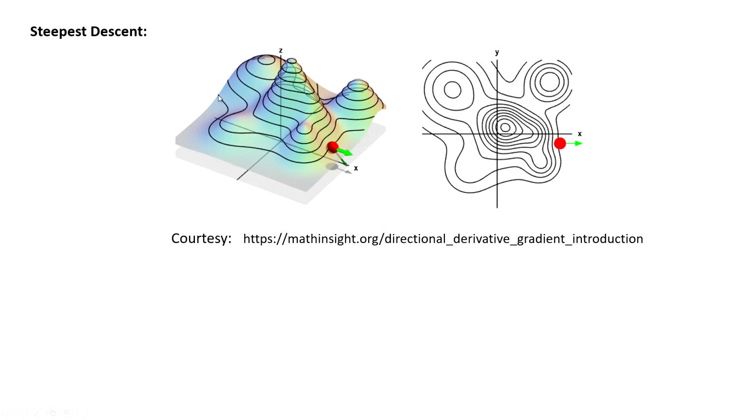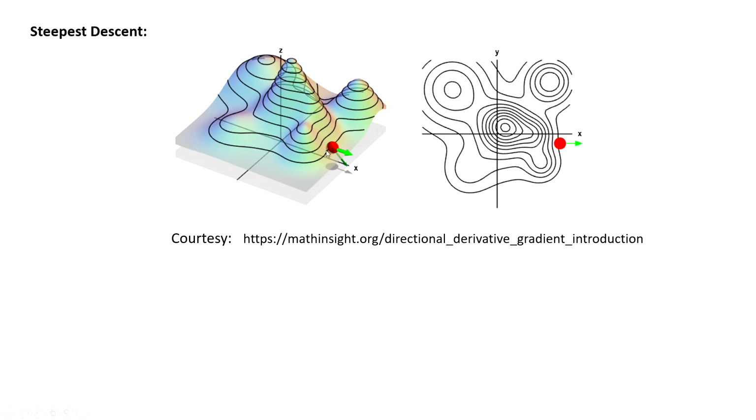That means every one of these points is at the same height. Would you agree? That's what a level curve is. These points are at a slightly different height from the previous one, but this point and all these points are at the same height. They are at one level.